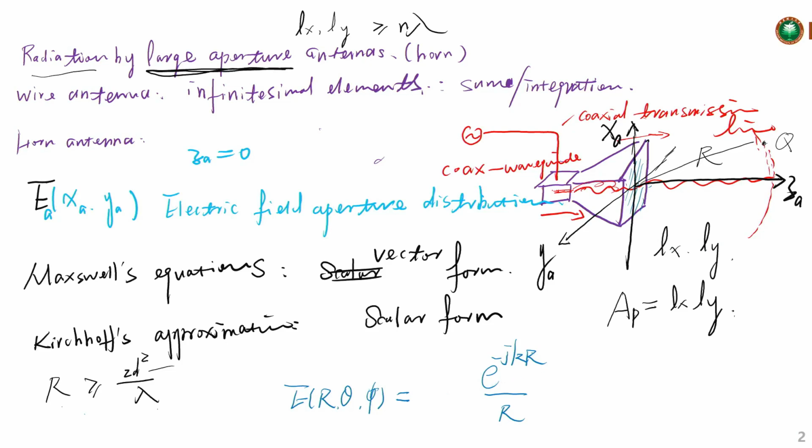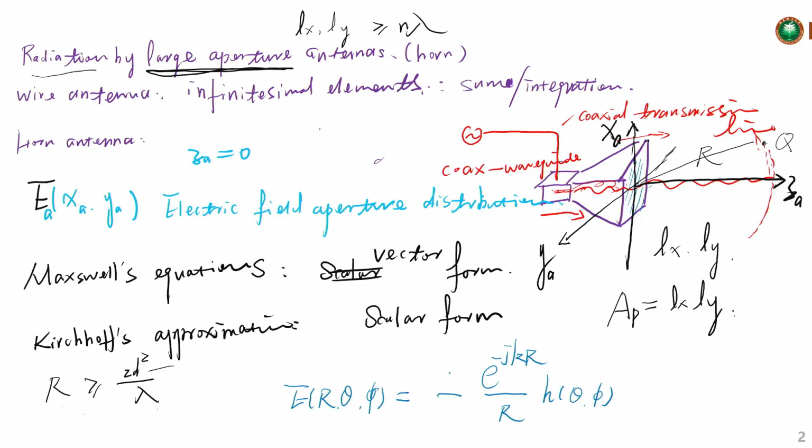And also we have this term here. This part is mostly defined as the amplitude, and we should have its distribution. This one is called the form factor. It is related to theta and phi, right?